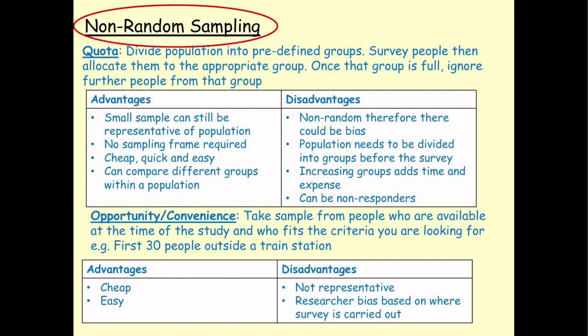So if my hypothesis was that people prefer to take the train to work, and I stand outside the train station and ask 30 people what method of transport they prefer to get to work, well, that's clearly going to be biased towards the result of people saying, I prefer to take the train. So that's not the ideal way to carry out that experiment. I should really stand in multiple locations and ask people that way.